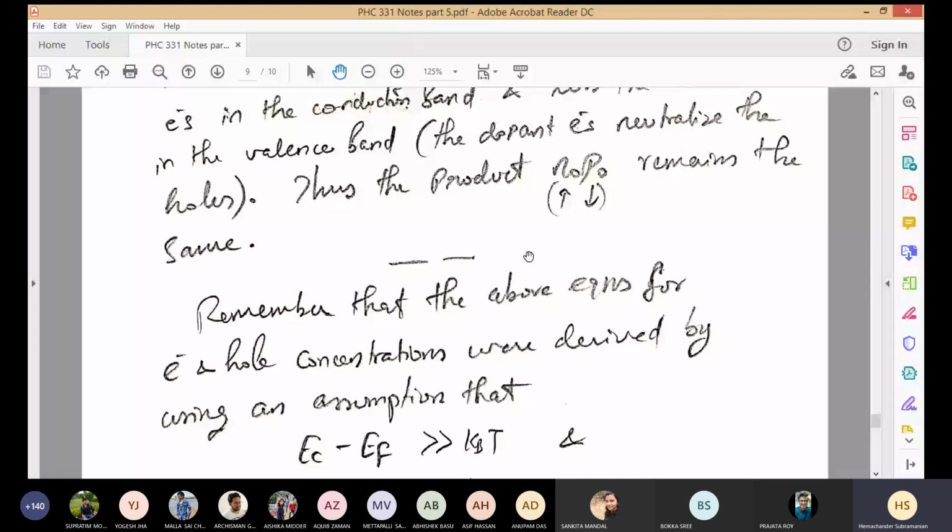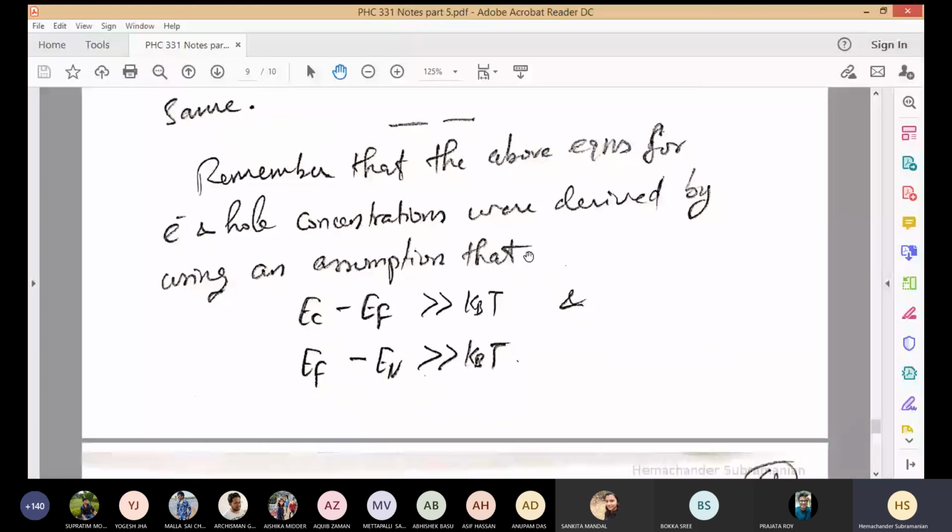As I said, the derivation above assumes that we are in the non-degeneracy regime, which means that EC minus EF is greater than kBT. The energy between the conduction band and the Fermi energy is larger than thermal energy. And the energy difference between the Fermi energy and the valence band top is again larger than thermal energy.